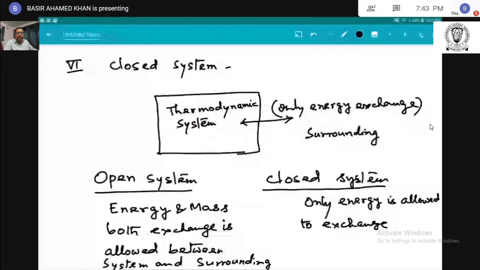This is the main difference between open system and closed system. In a closed system, only energy is allowed to exchange between the system, thermodynamic system, and the surrounding.